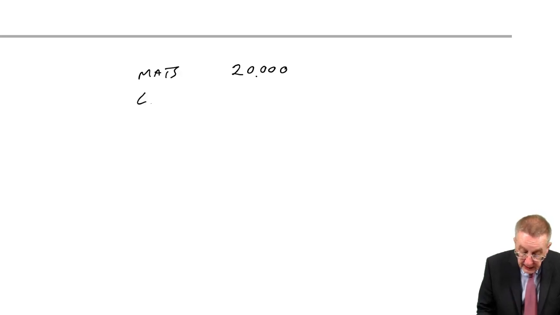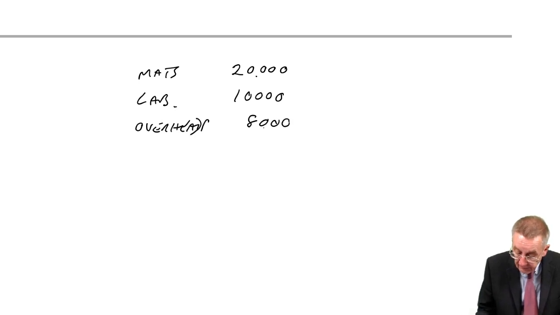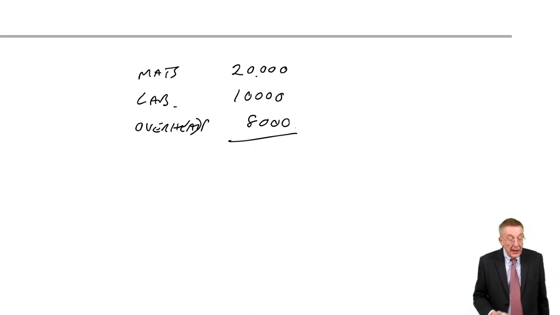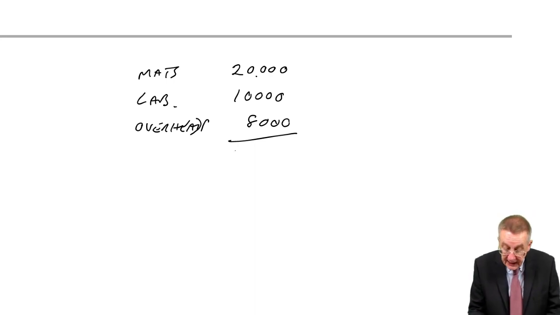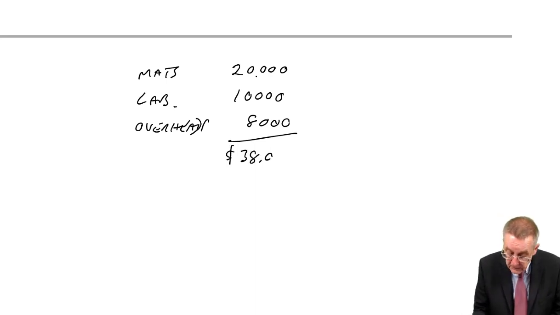Well, all we do is this. We add up the costs in the process. Materials 20,000, labour 10,000, overheads 8,000. So the total costs this month, 38,000.